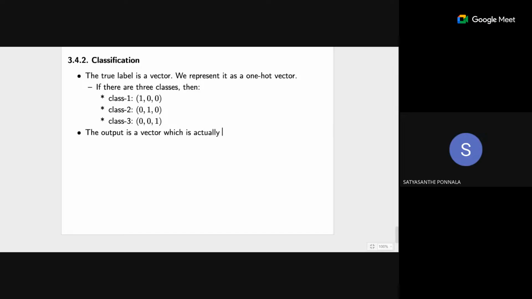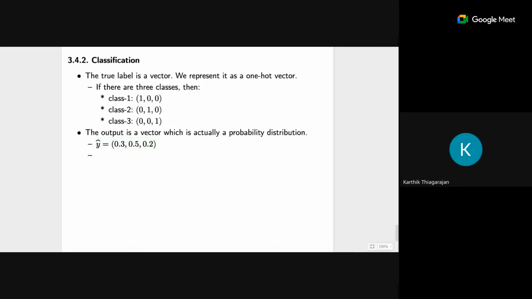Probability. It's actually a probability distribution, right? So the y hat looks something like, say, 0.2, 0.3, 0.5, 0.2, something like this. For example.